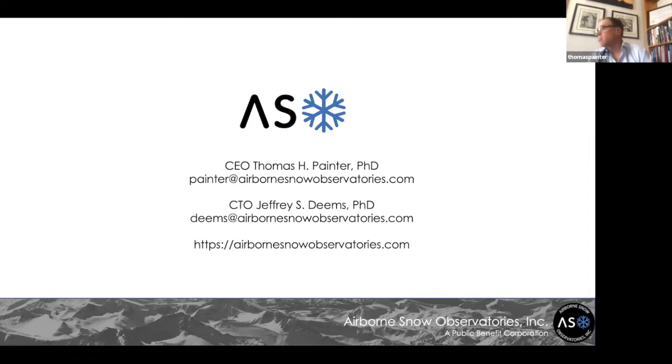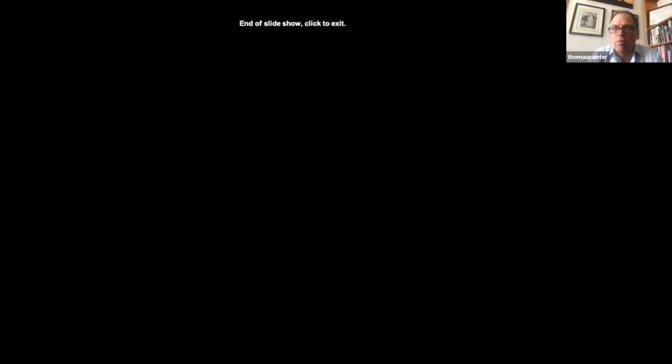So I left almost 15 minutes for discussion. Jeff Deems is one of our co-founders, and the website is right here, airbornesnowobservatories.com. And I will stop there and open it up for questions.